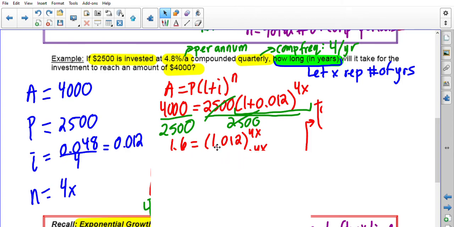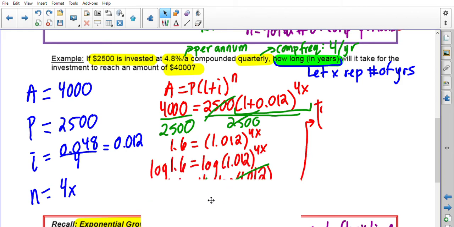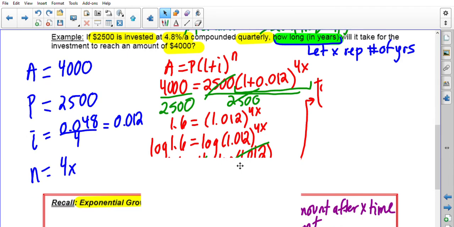We're definitely not going to want to do common base here, so let's take the log of both sides. Log 1.6 equals log 1.012 to the 4x. The next thing we can do is our log law, which says that we can bring the 4x down.